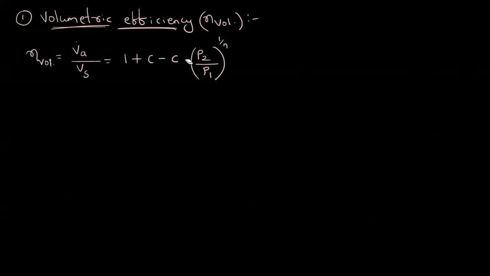So this formula only we will write here: 1 plus C minus C whole into P2 by P1 whole to the power 1 by N.